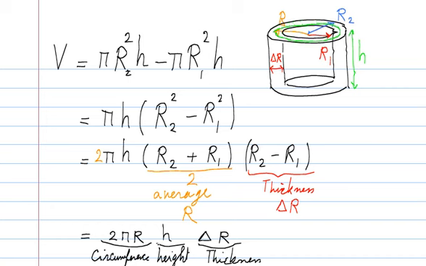Remember that we are going to base all of our calculations on this formula. So I'm going to capture this. Now let's see how we are going to make use of this formula.